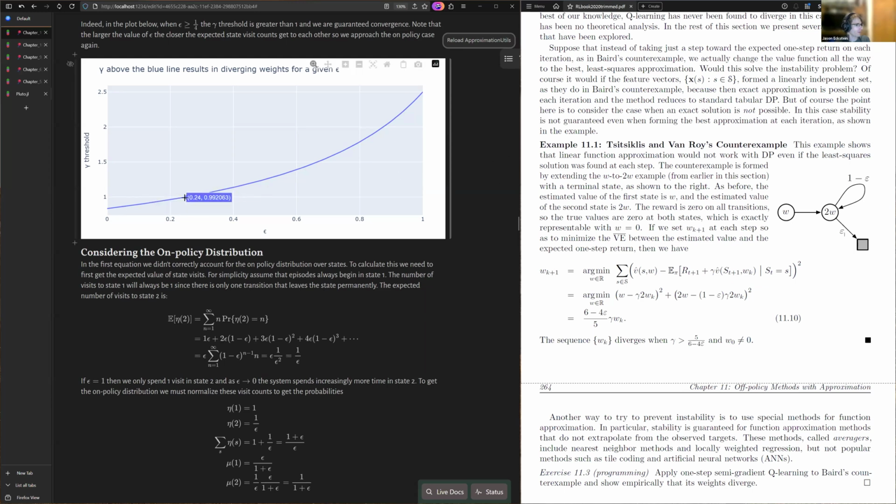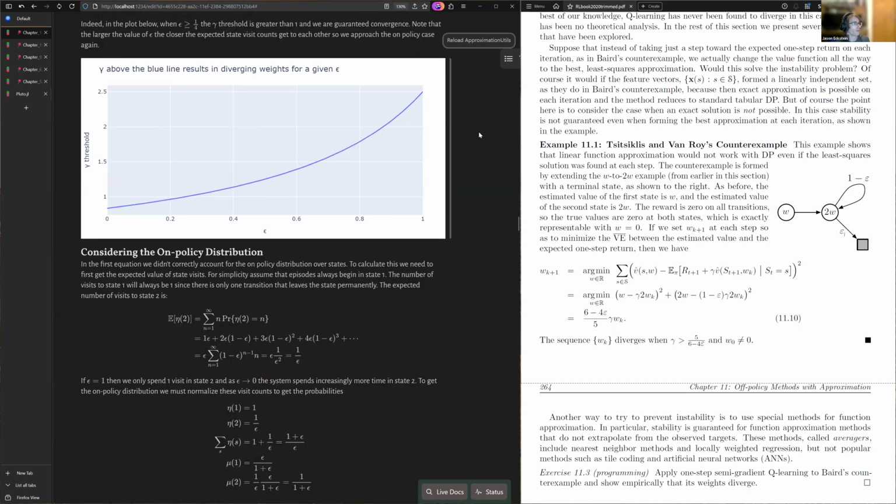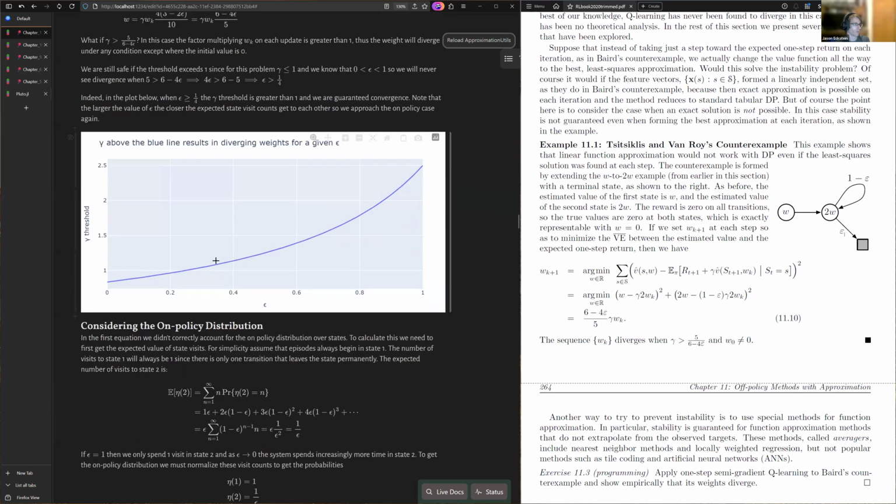So we know there is always a gamma which causes a problem if epsilon is less than 0.25.